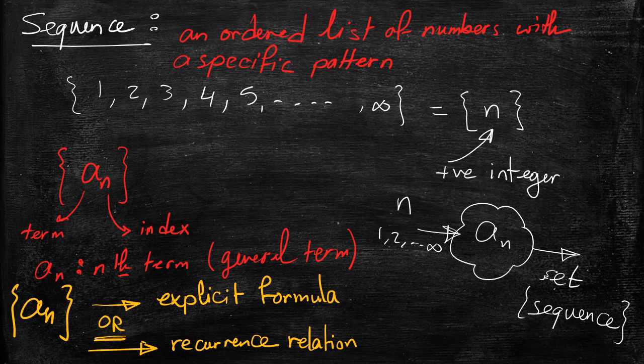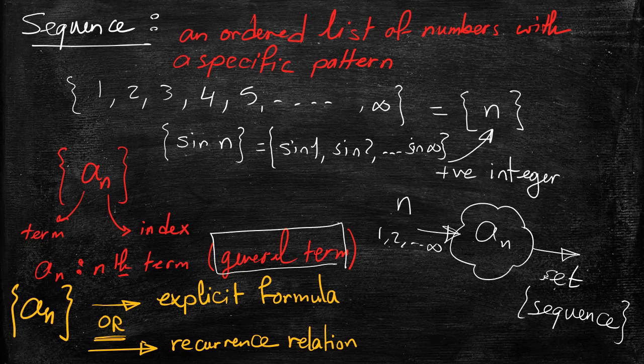Generally, if we are speaking about something more general, for example sine n, the set of numbers will be sine 1, sine 2, up to sine infinity. Again, whatever is inside these parentheses is our general term, or we can call this the nth term, as this is term number n.